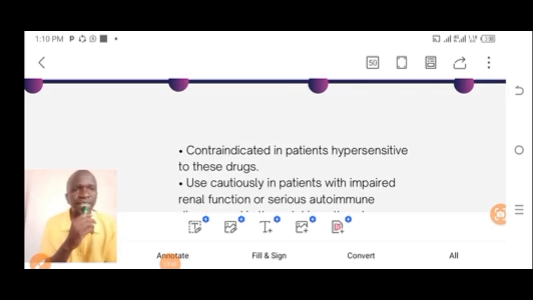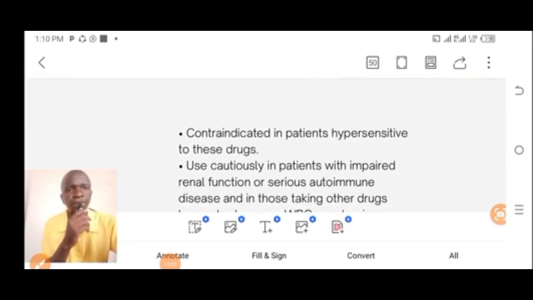If they say yes, then you know that they are contraindicated to that particular drug, so you cannot administer it. So it's contraindicated in people that are hypersensitive to the angiotensin converting enzyme inhibitors.